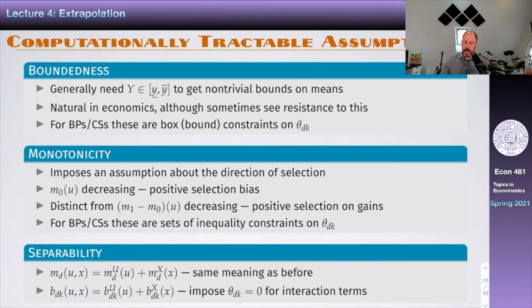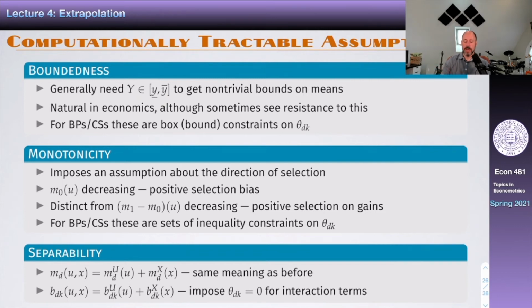So here are three assumptions that are routinely imposed. These are not the only ones that you may want to impose, but these are easy. First, as you may have seen with Chuck, whenever you start talking about expected values of random variables, you need to assume that these outcomes are bounded, because otherwise the expectation may be unbounded above or unbounded below, right?